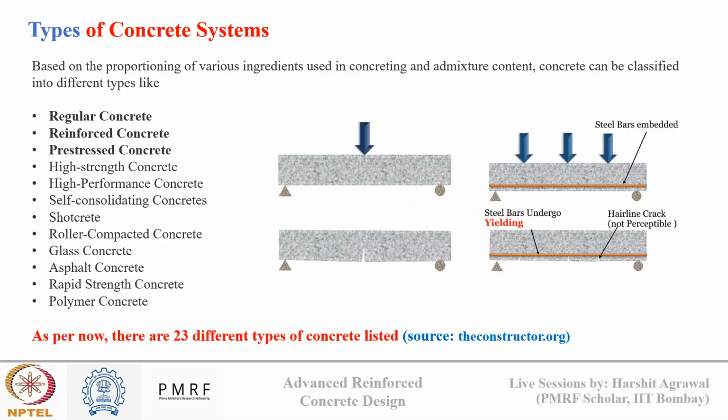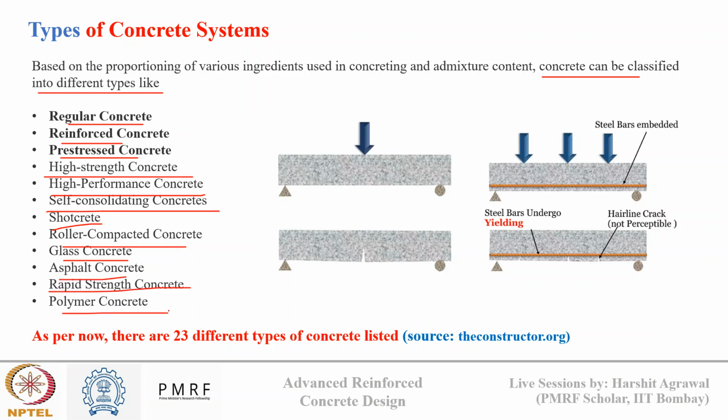Now, based on the proportioning of various ingredients that we use in concreting and various types of admixtures that we are using, concrete can be classified into different types. So, like there is regular concrete, there is reinforced concrete, there is pre-stressed concrete, there is high strength concrete, high performance concrete, self consolidating concrete, shotcrete, roller compacted concrete, glass concrete, asphalt concrete, rapid strength concrete, and polymer concrete.